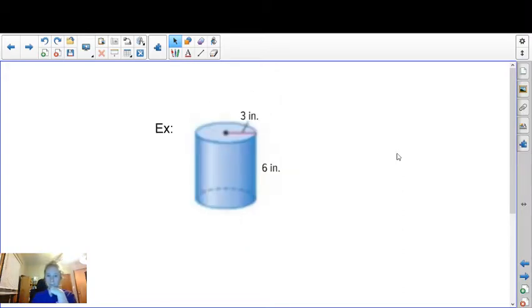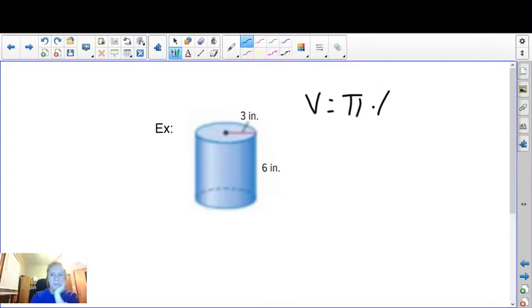Okay. First example. And for some reason, the book only decided to give us one example. We're going to start by taking pi times my radius, which is 3 squared, times my height, which is 6.